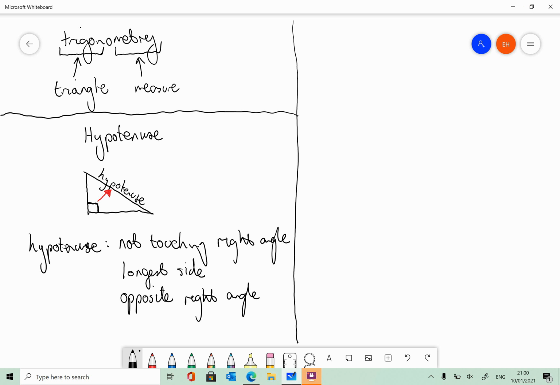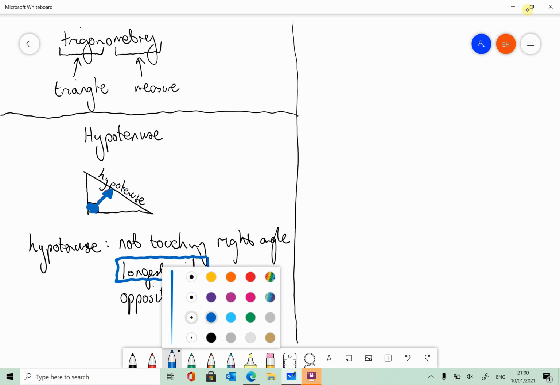Okay. Do not use this one here as your way of finding the hypotenuse. Do not use longest side. It is the longest side, but if you have to look at a triangle, you might guess which one is the wrong one if you're thinking about the longest side. Okay, definitely the best thing to do is go to the right angle and then go opposite the right angle, and that gets you to the hypotenuse.